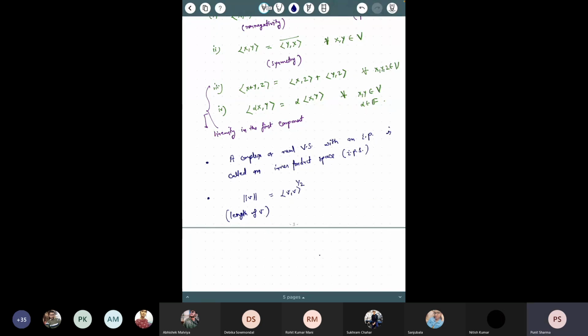And you can also talk about the angle between two vectors, let's say U and V in V. It is defined by this ratio: you take the inner product of U and V and divide by the product of their lengths. So with the introduction of an inner product on a vector space, you can talk about the length of a vector this way, and you can also talk about the angle between two vectors.